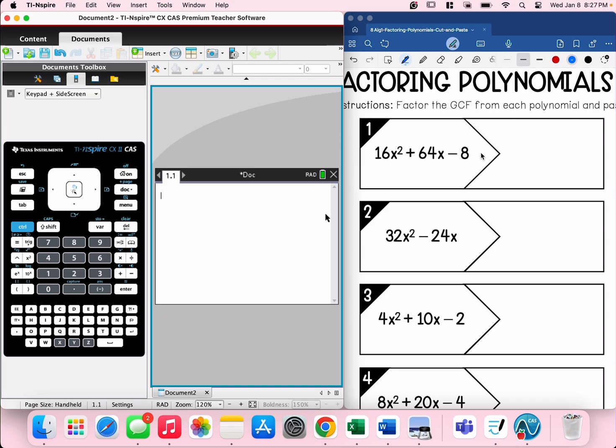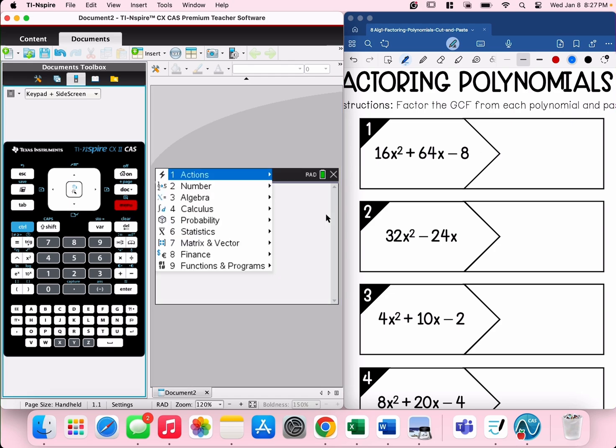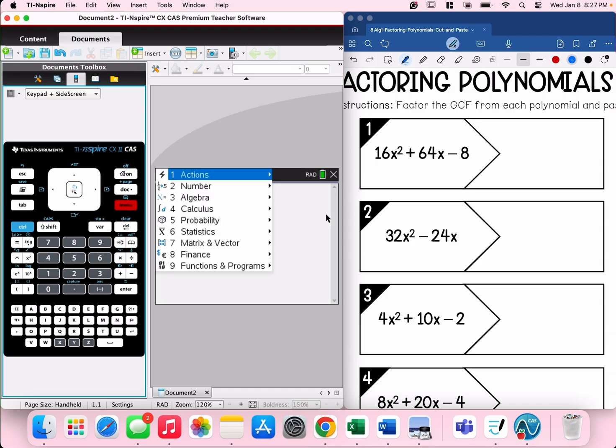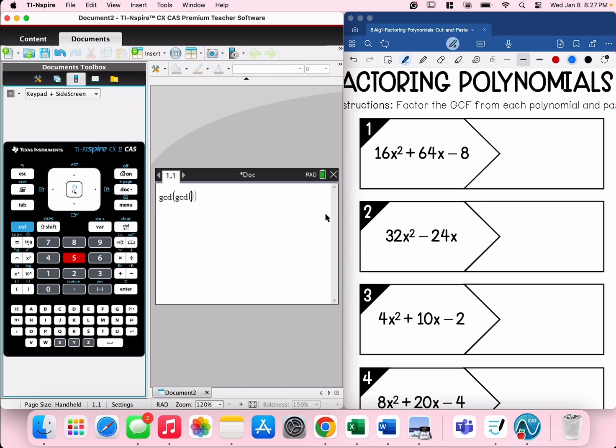Whenever you have 3 terms within your polynomial, to find the greatest common factor using your calculator, you press menu 25, and whenever you have 3 terms, you have to press menu 25 2 times. So it's going to look something like this. In the innermost set of parentheses, we enter our first 2 coefficients, so 16, comma, 64.